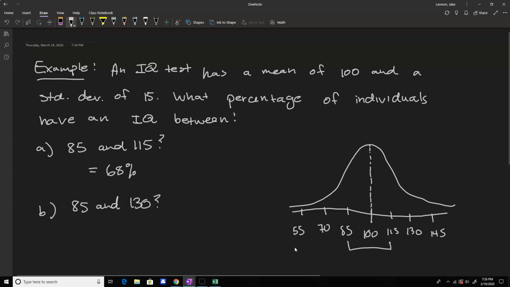Now, B is a little bit different because we're going from 85 all the way up to 130. So we know this first part that we're measuring has area 68%. So it's 68% plus whatever area this happens to be right here, which I'll shade in the other direction. We need to figure out that area. Well, that's 2 standard deviations above, but only 1 standard deviation below.